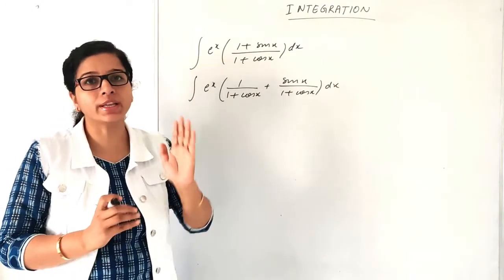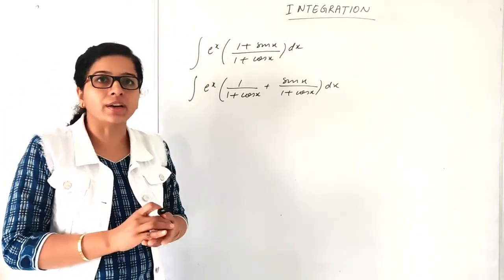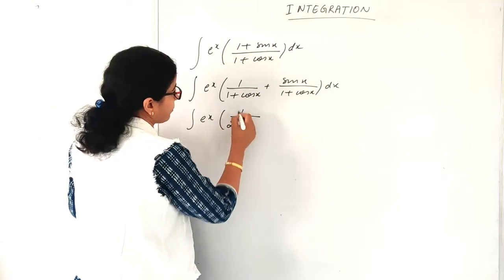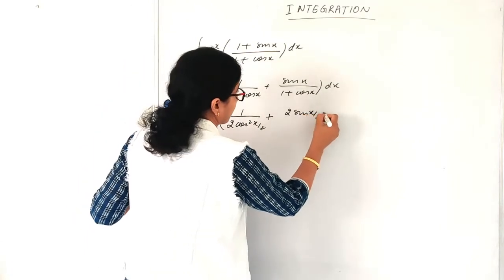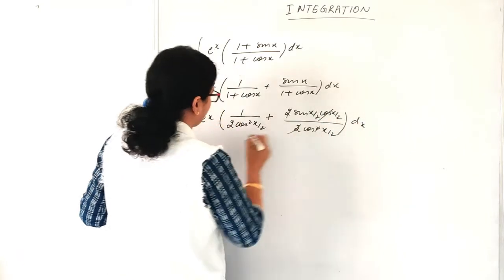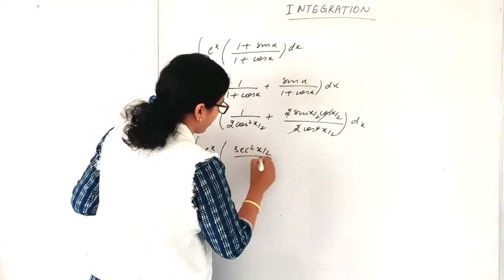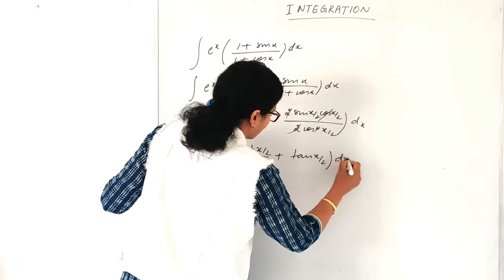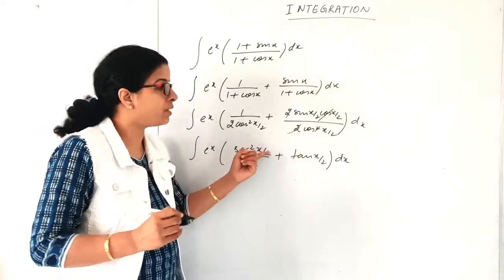But if with exponential you have some weird looking term, please try to check if it contains the category of f(x) and f'(x). 1 plus cos x we can write from cos 2 theta formula, 2 cos square x by 2 plus I am getting here secant square x by 2 upon 2 plus tan x by 2 dx. And I know the differential of tan x by 2 is secant square x by 2 into 1 by 2, right?